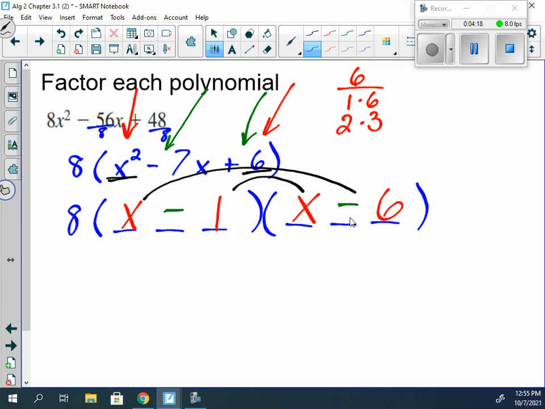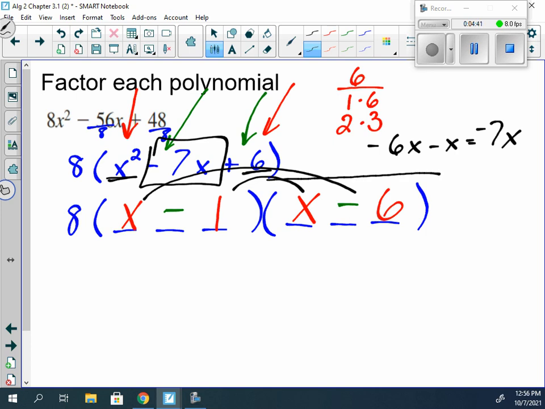So x times negative 6 would be negative 6x. Negative 1 times x would be negative x. And negative 6x minus x is negative 7x. And since that is the correct middle term, the same one, this is factored.